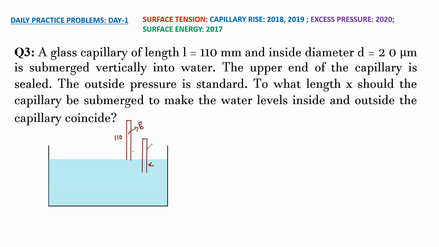So x length has gone into the water, and 110 minus x is outside. And here there is some capillary effect which we cannot neglect. Okay, so let us now do this question.